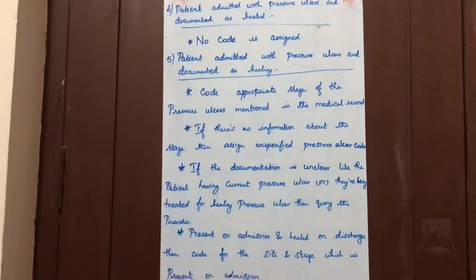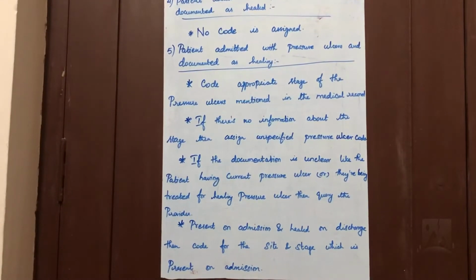The next one is a patient admitted with pressure ulcer and documented as healing. If the patient is already admitted for pressure ulcer and it is documented as healing, it means the treatment is going on and the patient is healing from the pressure ulcer. Then how will we code?